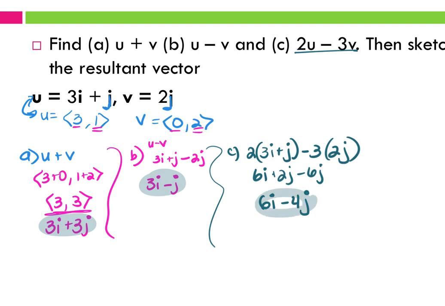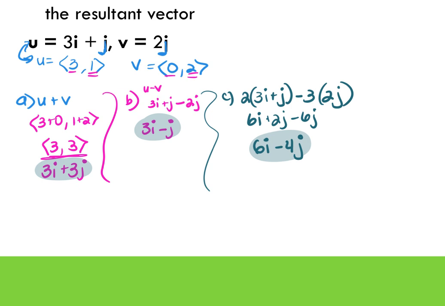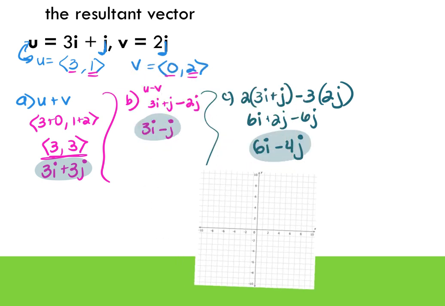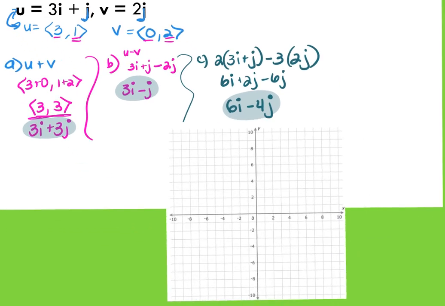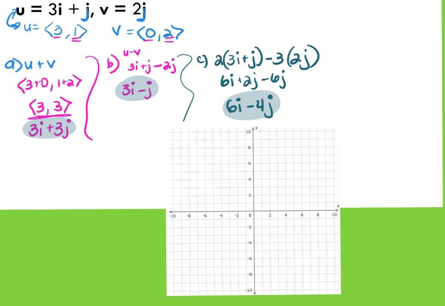I'd get the same answer by taking it out of IJ form, putting it in a component form, but then at the end I have to put it back anyways. When you do IJ, you shouldn't have brackets. If you do component form, you have to have the brackets. Yeah. All right, let's graph them.